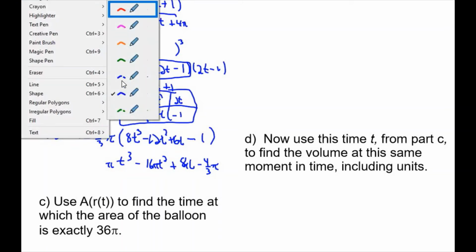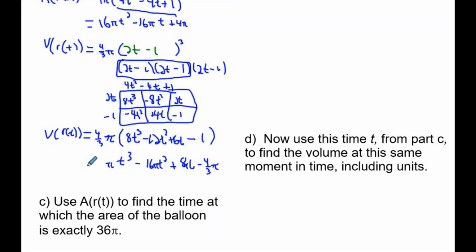So that would be 4 times 8 is 32/3. That does not reduce. Let's go through the rest of them. 4/3 times 12 would be 48 divided by 3, so that is 16. And 4 times 6 is 24 divided by 3, so that would be 8 pi, and then 4/3. Sorry about that little mistake there. Okay, so that would be V of R of t.